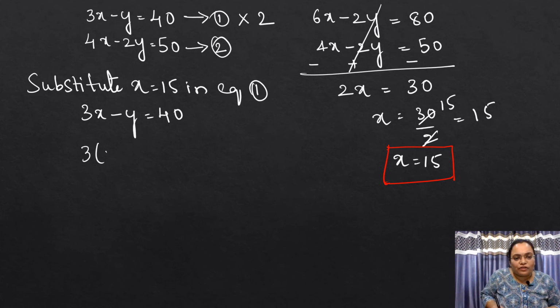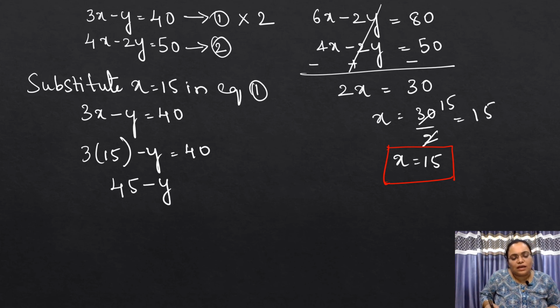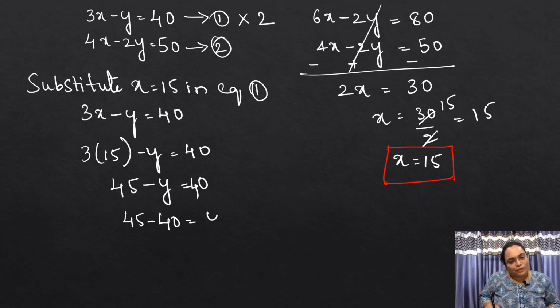So 3 of 15 minus y is equal to 40. 15 threes is 45, minus y is equal to 40. If I send y to the RHS and 40 to the LHS, that becomes 45 minus 40 is equal to y. This is 5 is equal to y. Now we have got the value of y as well, which is 5.